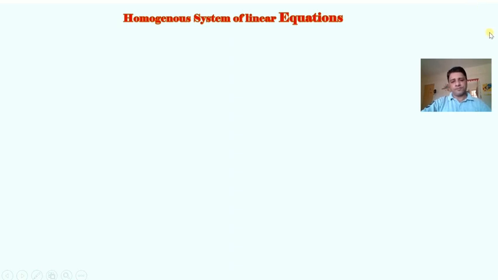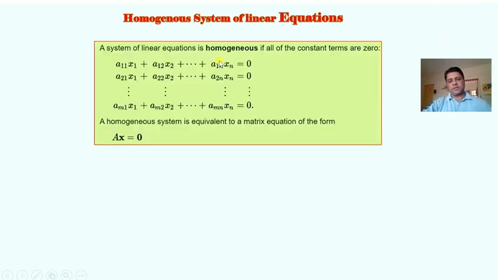So let us know what homogeneous equations are, and how we come to know by seeing them. So, homogeneous system of linear equations. A system of linear equations is homogeneous if all of the constant terms are zero.